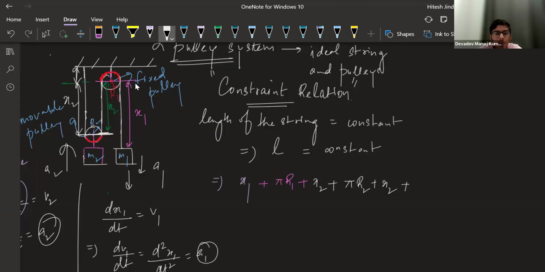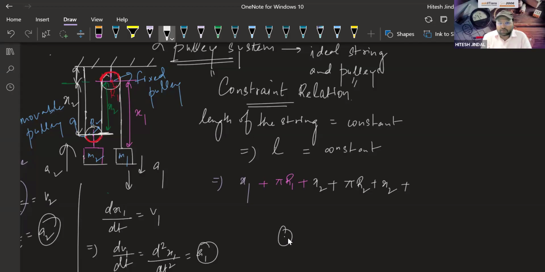Sir, why won't it go any further? M1 is still going down, right? How can it go further? The pulley has come here, M2, right?